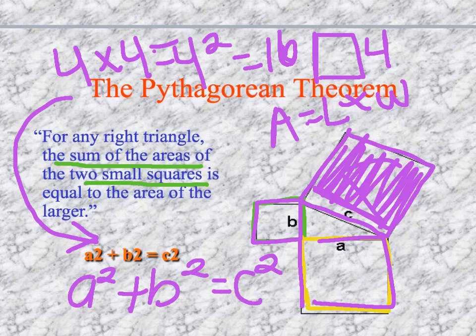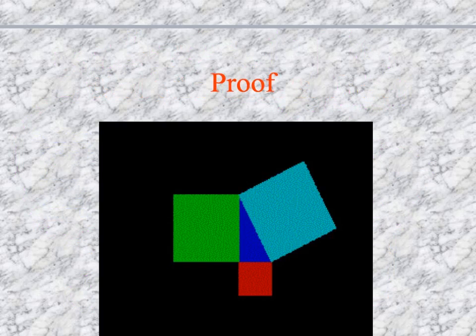And it's squared because when you find the area of a square, you just take the number of the side length and square it. So this formula helps you find side lengths of a triangle.